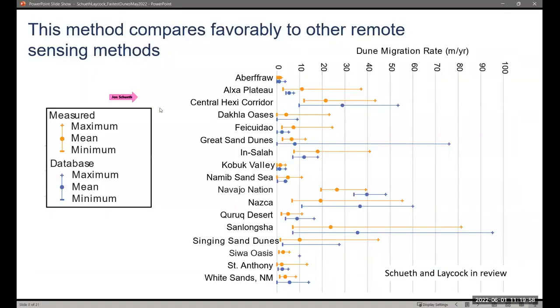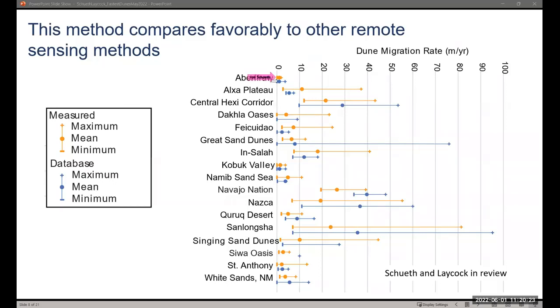And then when we compare this to published results, that's what you're seeing here on this graph. Each one of these names here is a different dune field that had published migration velocities, and we're showing the maximum as the plus, the mean as the circle, and the minimum as the rectangle. And the orange color at the top of each one is what we measured, and the blue at the bottom is what was in the published database.